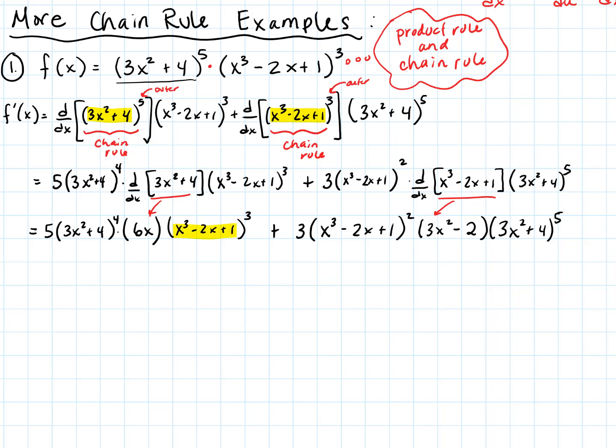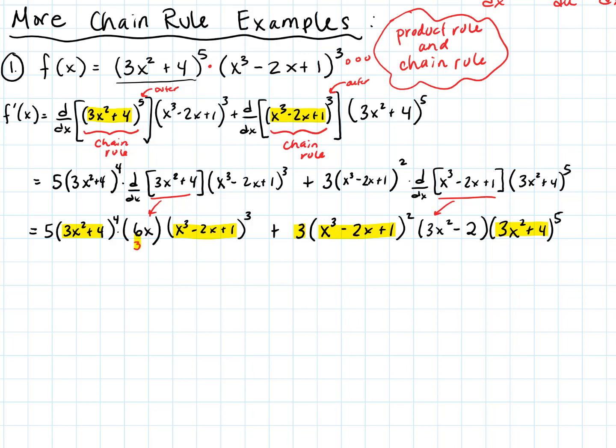I've got this polynomial in both of these two terms, to some power. I can pull out (x cubed minus 2x plus 1) to the second, and I can pull out (3x squared plus 4) to the 4th. Let's see, what else could we do? Maybe a 3 actually. There's a common factor of 3. I could pull out a 3 from here.